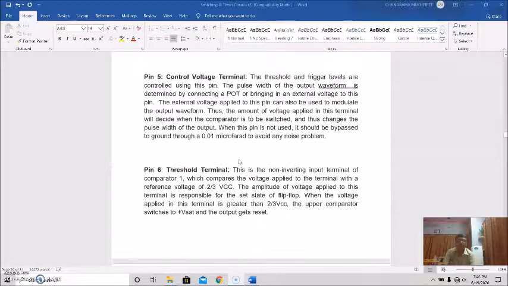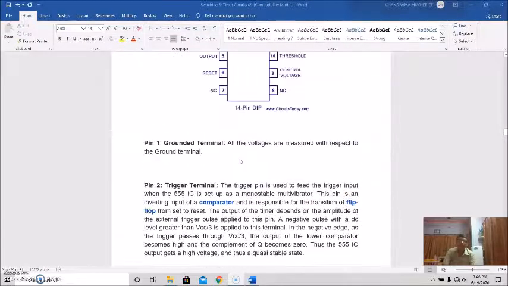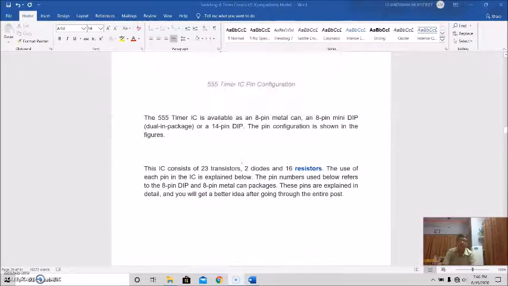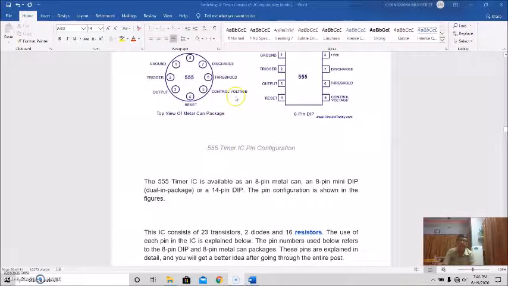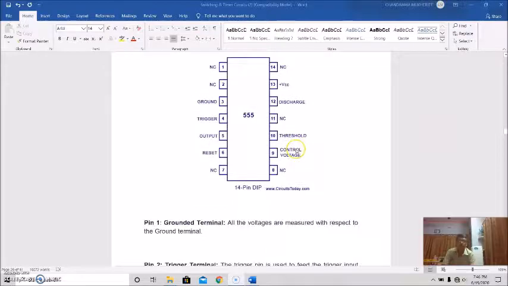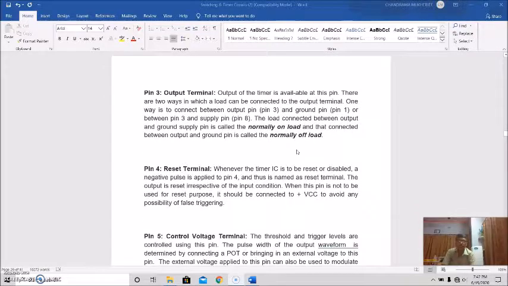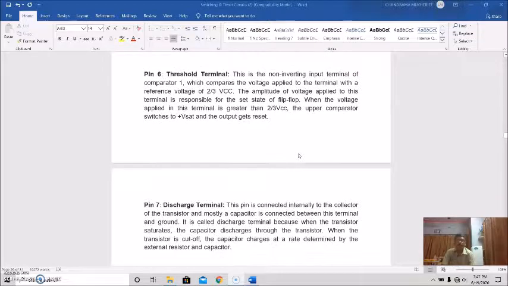So we have talked about this pin 5 here, control voltage. Okay, now we come to pin 6. This is called a threshold terminal. Actually, this is the non-inverting input terminal of comparator 1, which compares the voltage applied to the terminal with a reference voltage of 2/3 of VCC.